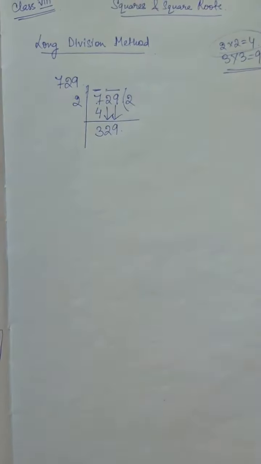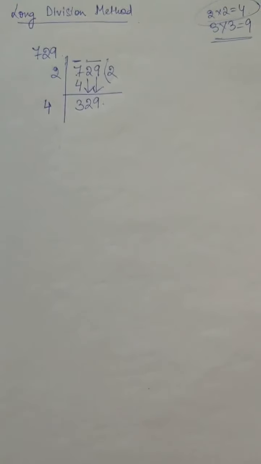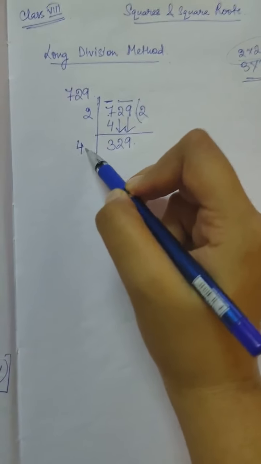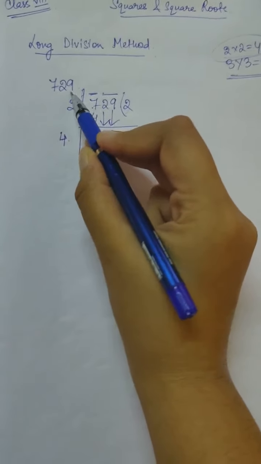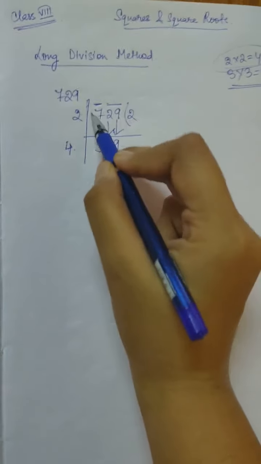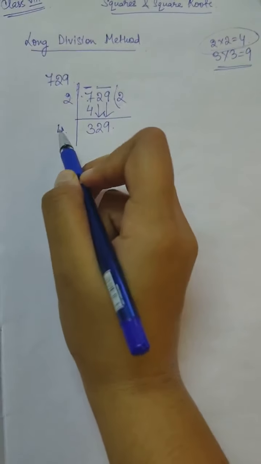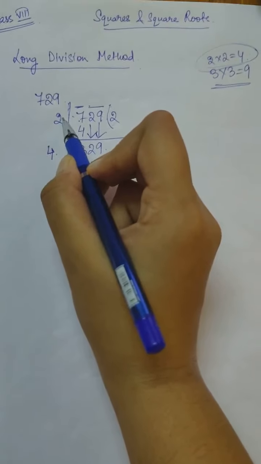So 2 multiplied with 2 gives us 4. Always remember, in the long division method, whenever you are moving to the next divisor, you need to multiply this number with 2. Whatever is there here, if I have 3 here, then we will multiply the 3 with 2 and put the value in the next one. So next we are getting 4 here after multiplying this 2 with 2.